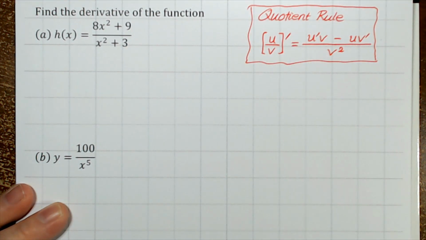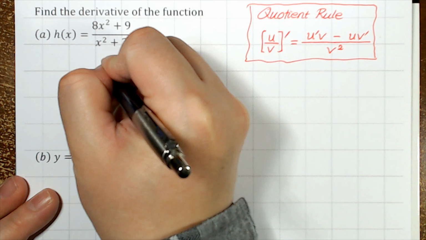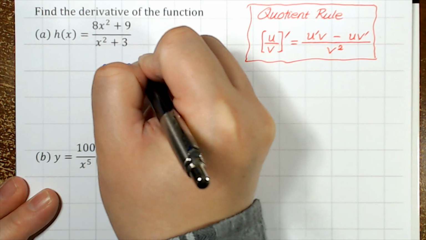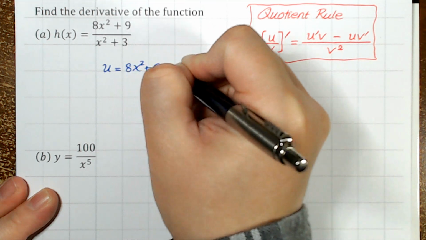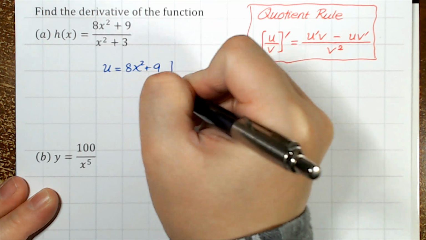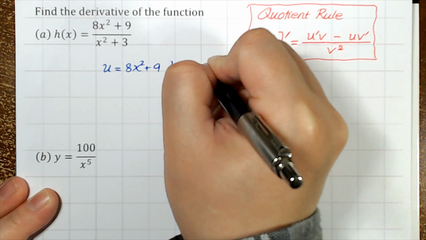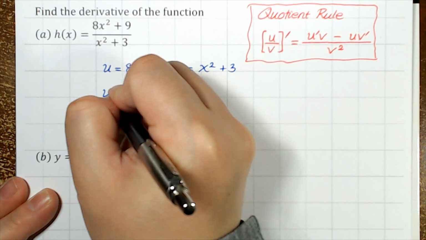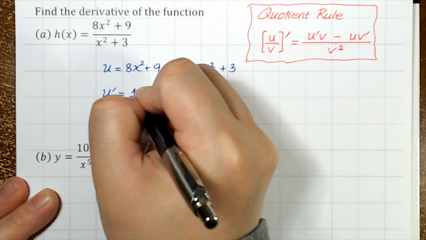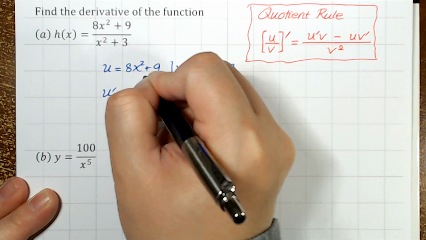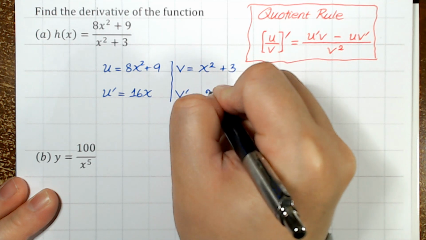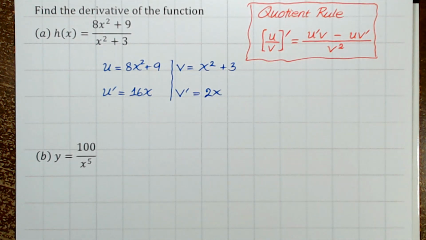Right. So in our problem, we have u is equal to 8x squared plus 9, and then v is equal to x squared plus 3. We take the derivative, u prime is 16x, and v prime will be 2x, and then we put in the quotient rule.